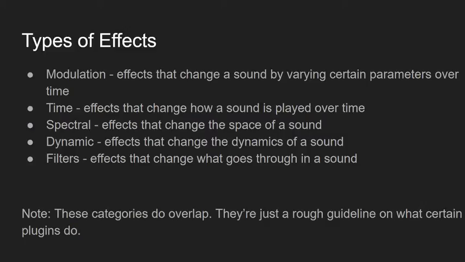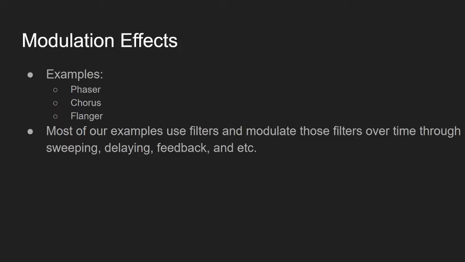These are going to be your compressors, your distortions, your limiters. And then filters are effects that change what goes through in a sound, that being your EQ. So you have different kinds of filters, your band pass, high pass, low pass, and this thing called band reject, or band stop. And we'll go over all these types today.